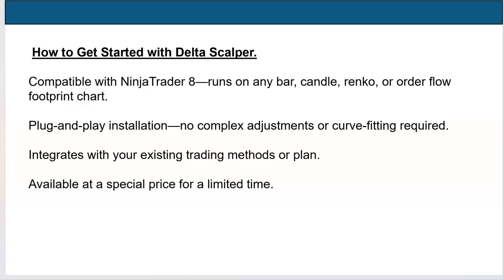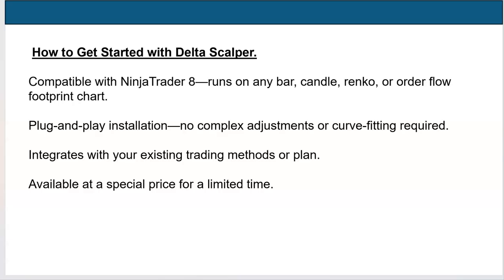So how to get started with Delta Scalper? Well, you need NinjaTrader 8, and it's going to run on any bar or candle or order flow footprint chart. Now, I did say Renko, but it's not the native NinjaTrader Renko. You need to use tick replay.